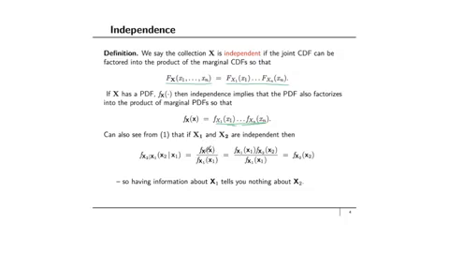And by independence here, we can replace the joint PDF by the product. Then these two cancel, and we're left with the marginal PDF of x2. So what we're saying here is that if x1 and x2 are independent, then the conditional PDF of x2 given x1 is simply the marginal PDF of x2. In other words, having information about x1 tells you nothing about x2 when x1 and x2 are independent.